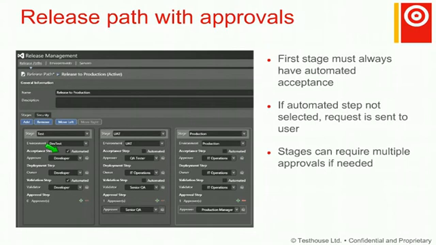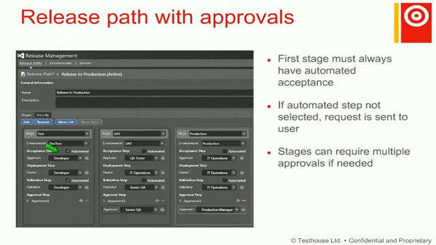What will then happen is, as there's no approvers, once the developers tested it, it will automatically be promoted across to user acceptance testing because there are no requirements for approvers, and each stage is automated.